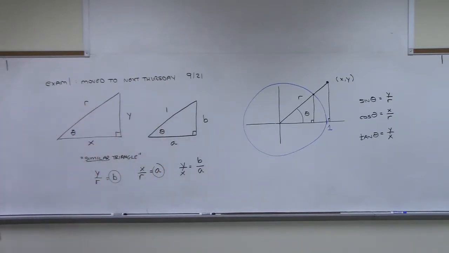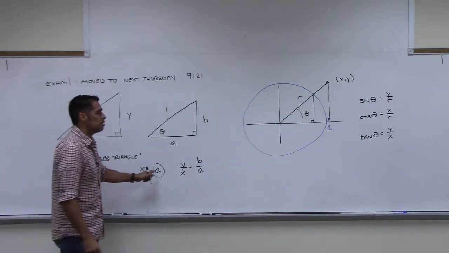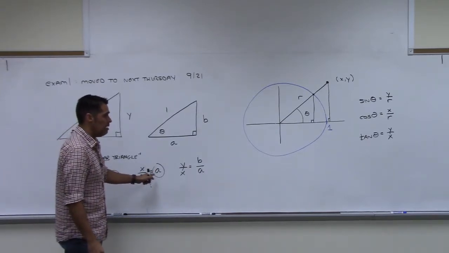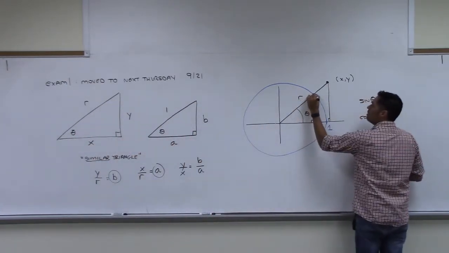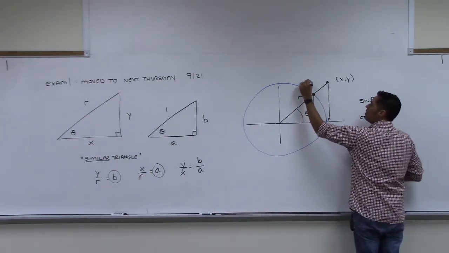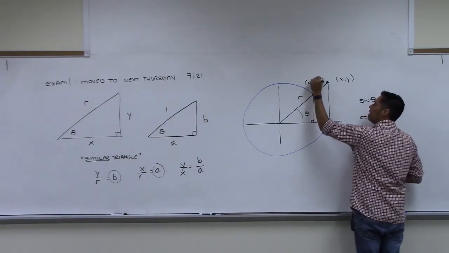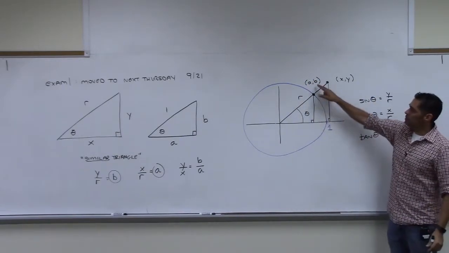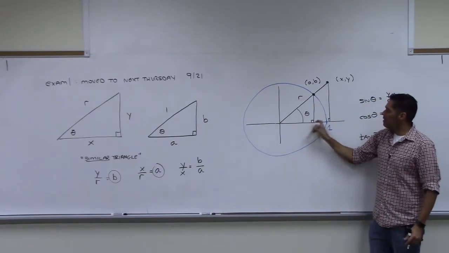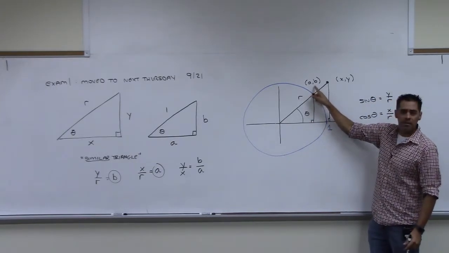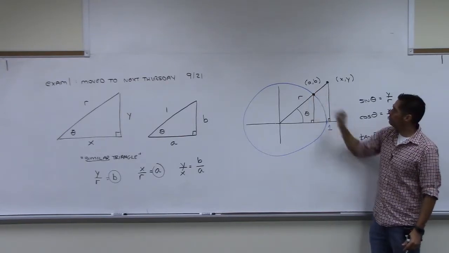A is X and B is Y. A is the X coordinate of the smaller triangle. So you see this point right here? That has the coordinates A, B, doesn't it? Cosine T is... Right? That's what this point is, this is A and this is B, right? So that has these coordinates, this point. Okay.